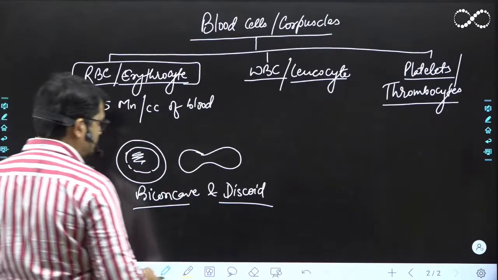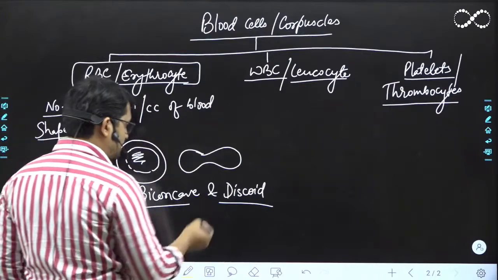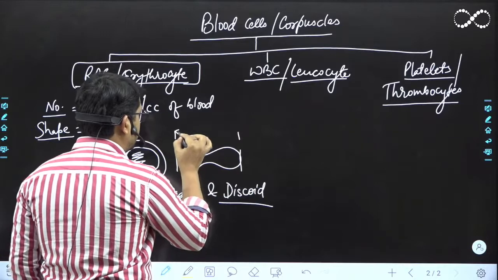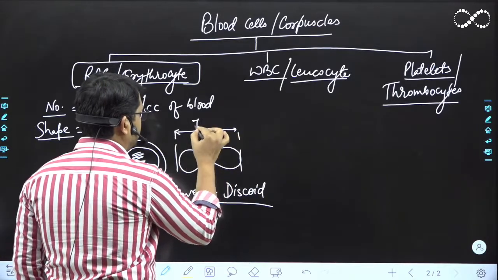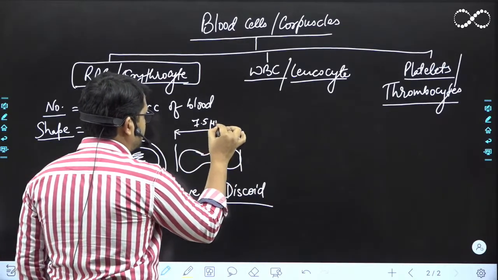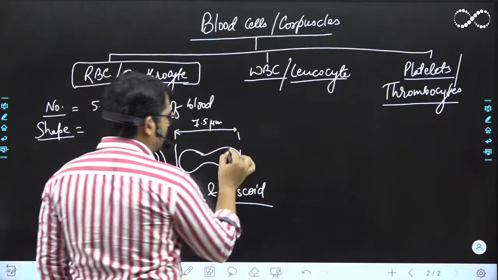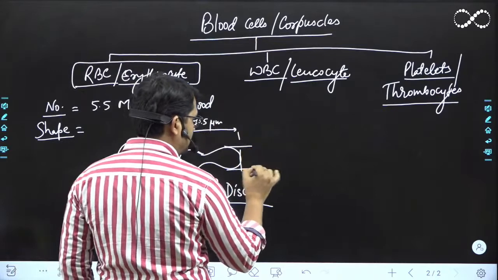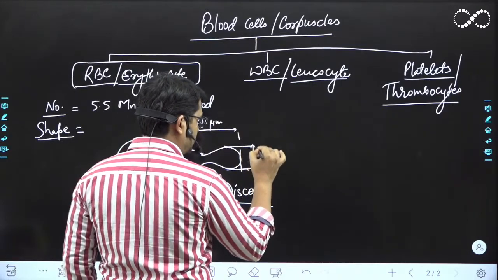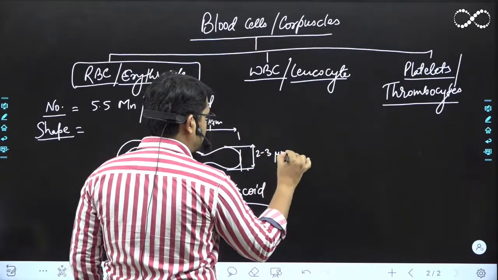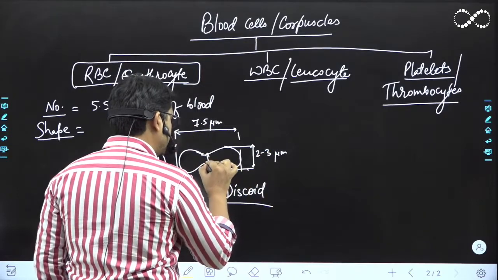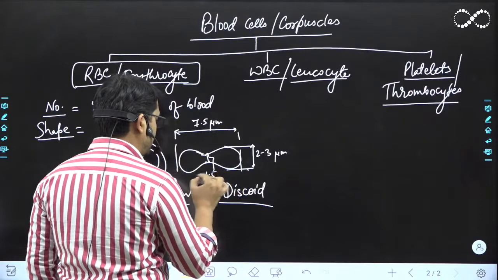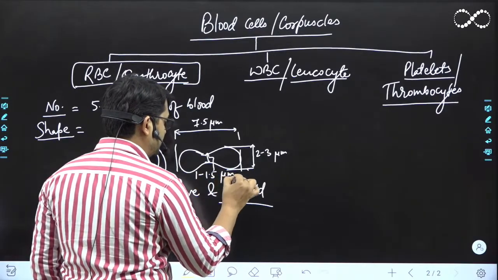Okay? Let's talk about the dimensions. Dimensions की बात करेंगे हम लोग. तो RBC का यहाँ से यहाँ तक is around 7.5 micrometer. Okay. If we are talking about the maximum thickness, it is around 2 to 3 micrometer, and the minimum thickness here, it is 1 to 1.5 micrometer.